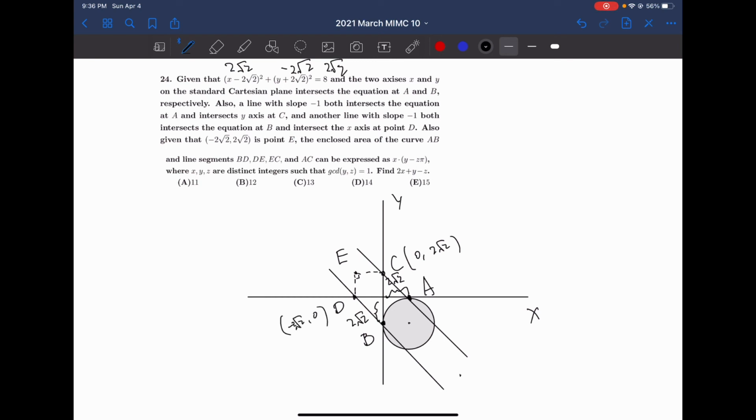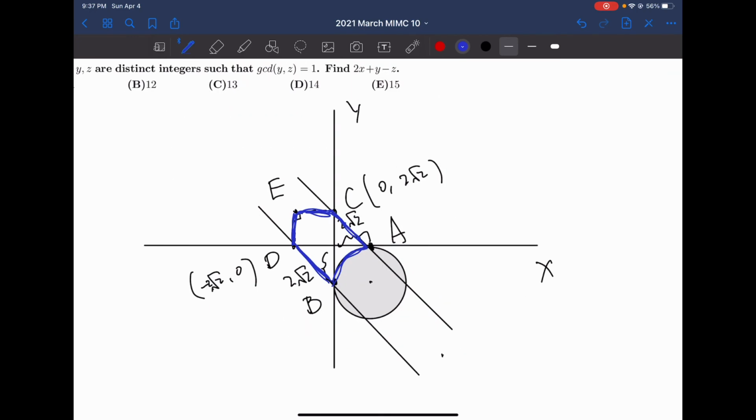And the enclosed area of the curve AB and line segments BD, DE, EC, and CA can be expressed as that. I want to find 2x plus y minus z.